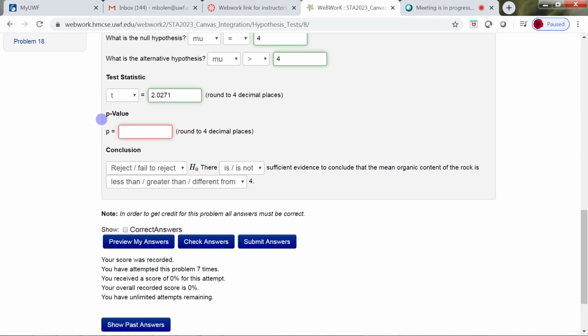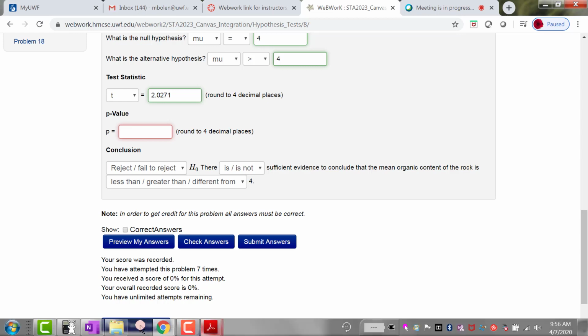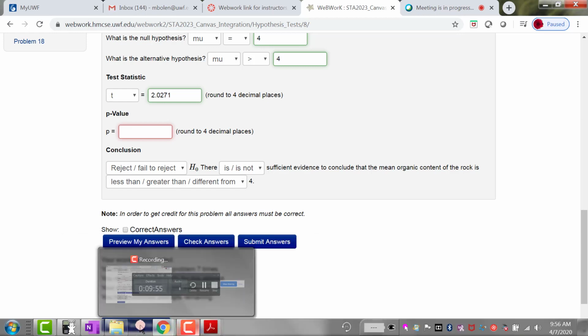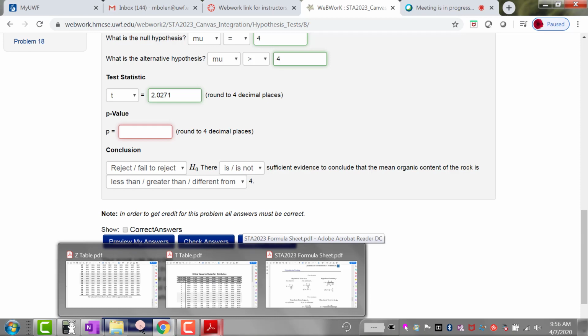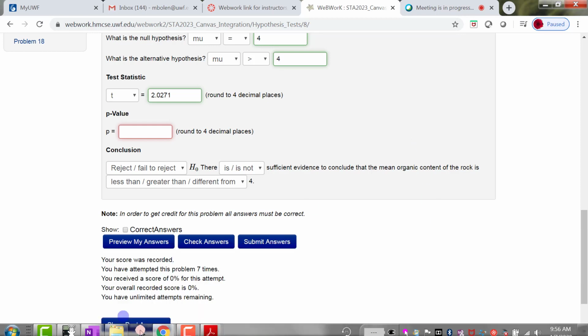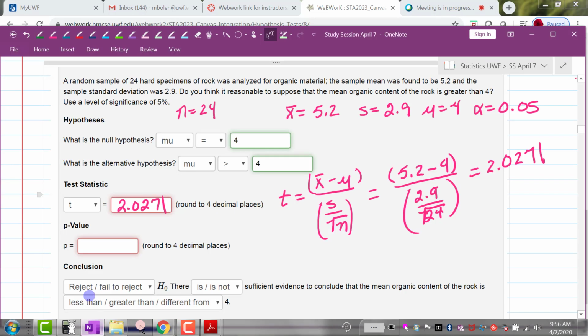Very good. Now it's asking for the p-value. Now, for the p-value here, guys, normally I would ask you to interpolate, okay? So on the exam, this is what I'm looking for, and then I'll show you how to solve it for this. Okay, so 2.0271. Let's see here, hold on. We've got to come up here and do our degrees of freedom real quick.